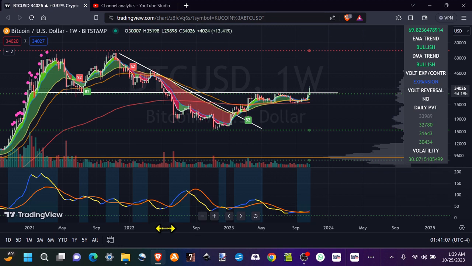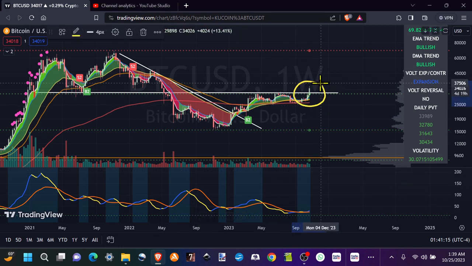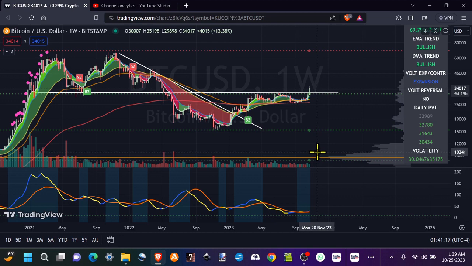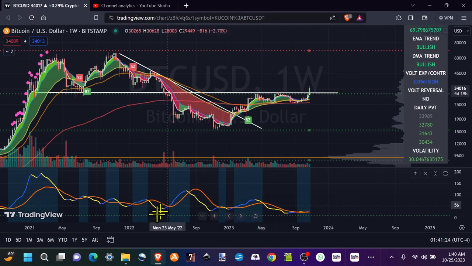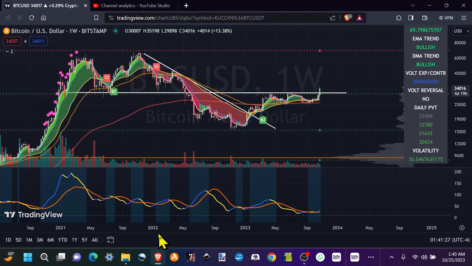Now, that being said, I think we have to keep everything in perspective. I would not go all in here. And the reason is because we have low volume. Our volume is suspiciously low. And so this is what's concerning.